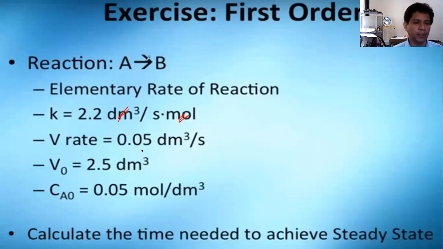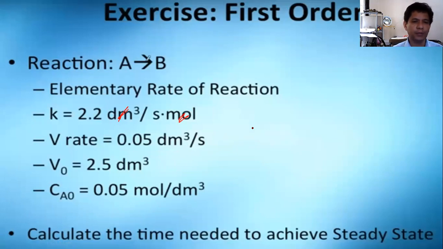And then the volumetric flow rate is 0.05 liter per second. The volume of the reactor is 2.5 liters or 2.5 decimeter cube. The initial concentration of A is 0.05 moles per liter.